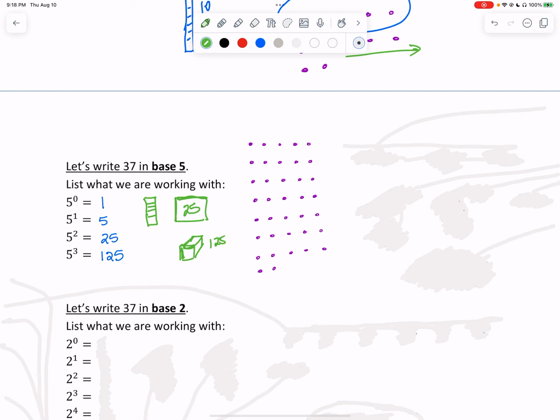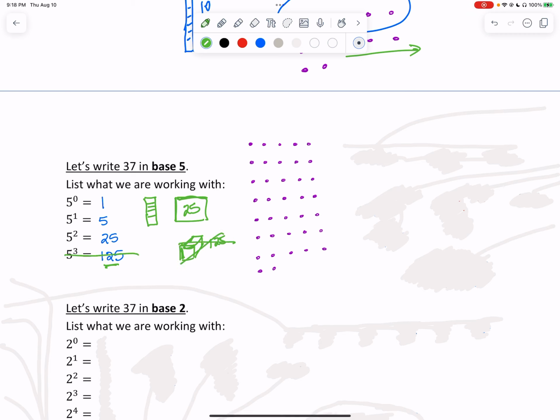And then you're going to have a block. And my block is going to have 25 this way, 25 this way, and 25 that way. So 125. Okay? So what we're trying to do is take those 37 and see how we can write that in base 5. Okay, first thing we're going to do is look at this 125. We only have 37 blocks, so we can't make this guy.